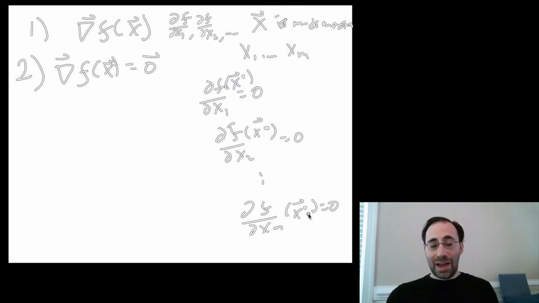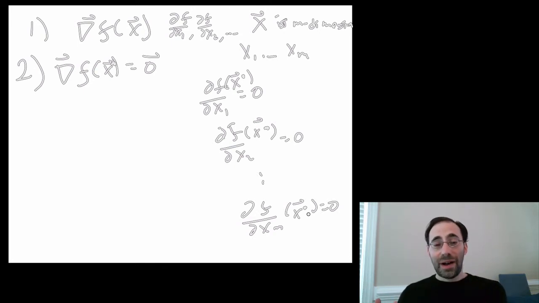Now, if you miraculously ever have a completely linear function, like x1 plus 3x2 plus 4x3, or if it's not linear but completely separable, so there are no x1s multiplying x2s multiplying x3s, then this is pretty easy. But in general, you're going to have a system of equations. There'll be m equations and m unknowns, and you have to solve them simultaneously.